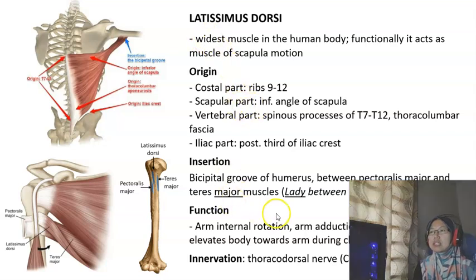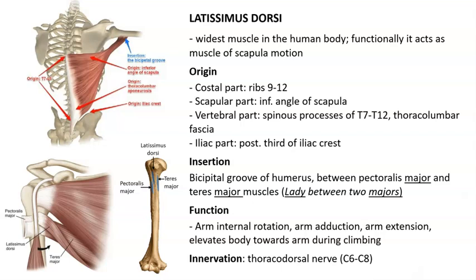It also functions in arm internal rotation, arm adduction, extension, and elevating the body during climbing. And the nerve that innervates this muscle is the thoracodorsal nerve.